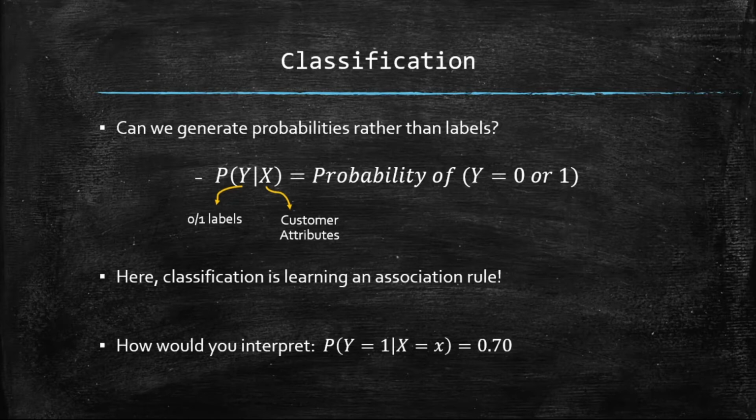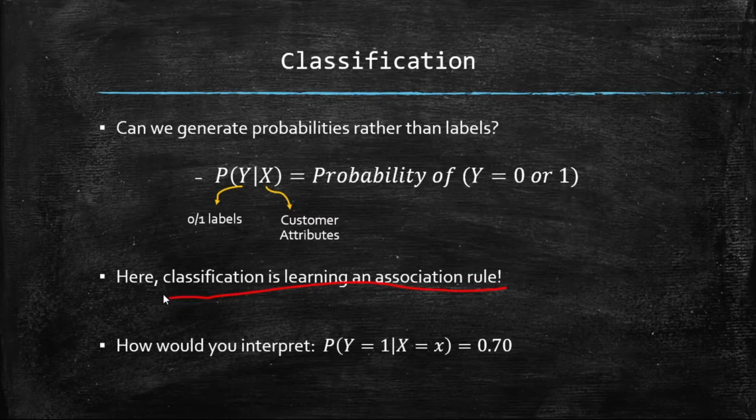So what is the probability of y being 0 or 1 given the attributes of a customer? What is the probability that a customer with savings of this much, with the income of that much, with this age, and so on, is high risk or low risk? So basically here you're using classification to learn an association rule that we talked about before, right?